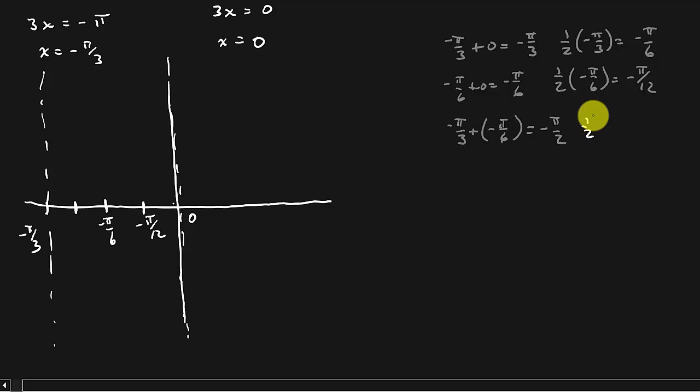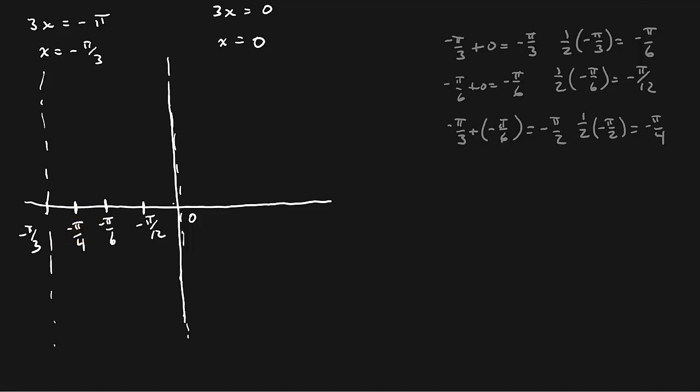So 1/2 times negative pi over 2 is negative pi over 4. So this would be negative pi over 4.